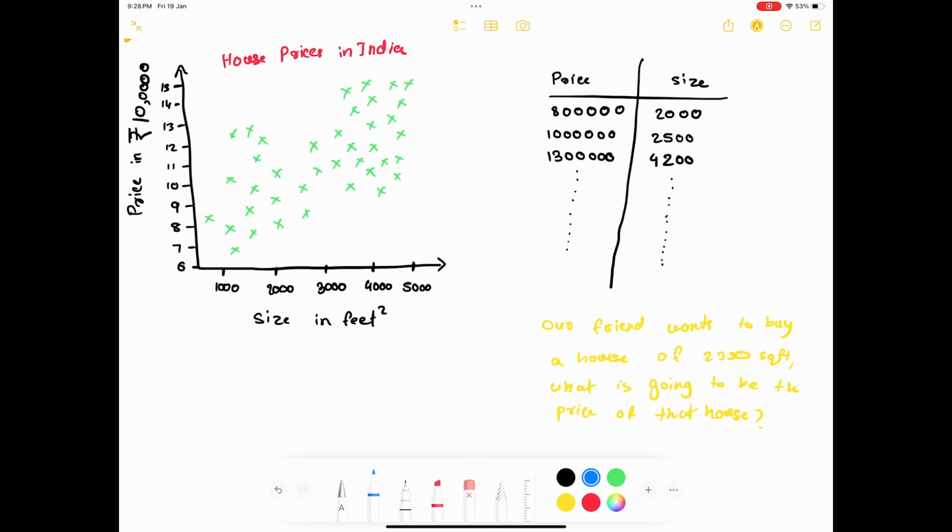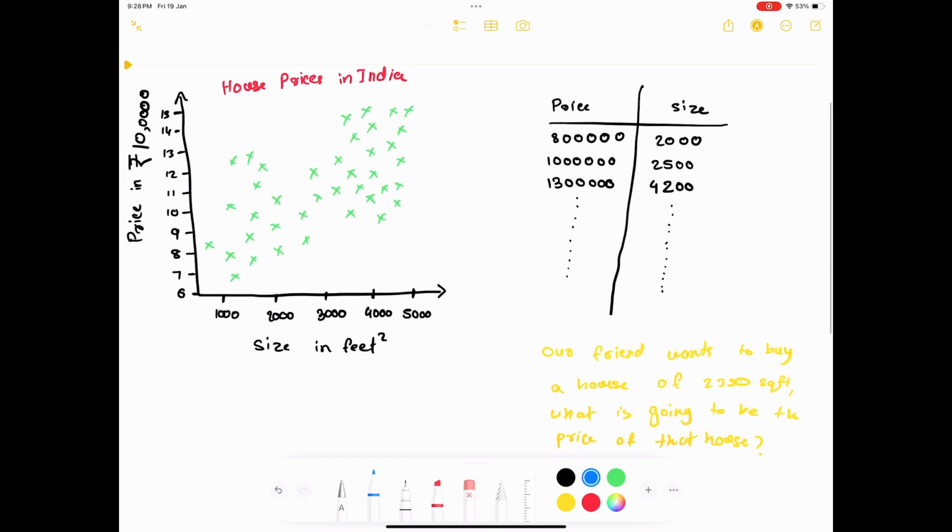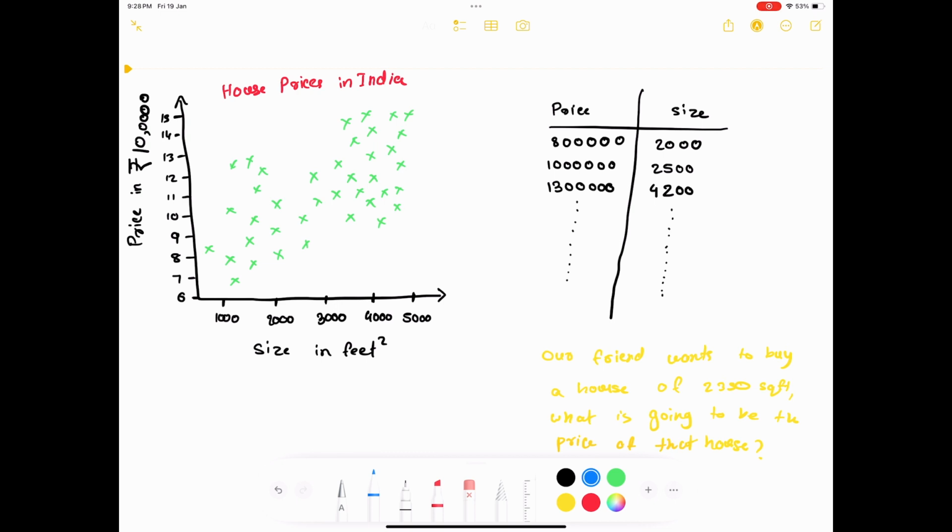So let's first look at this graph. In this graph we can see that there is a general trend that as size increases, cost increases.